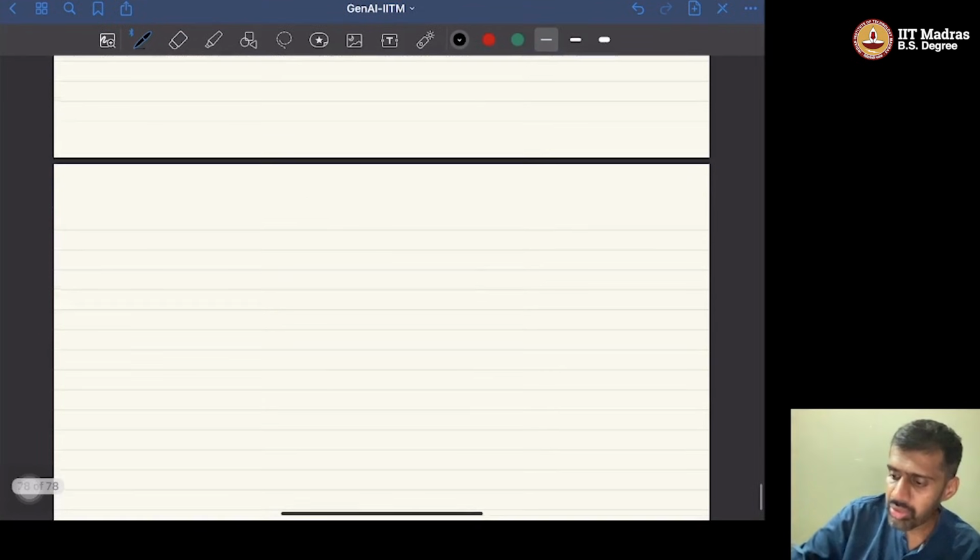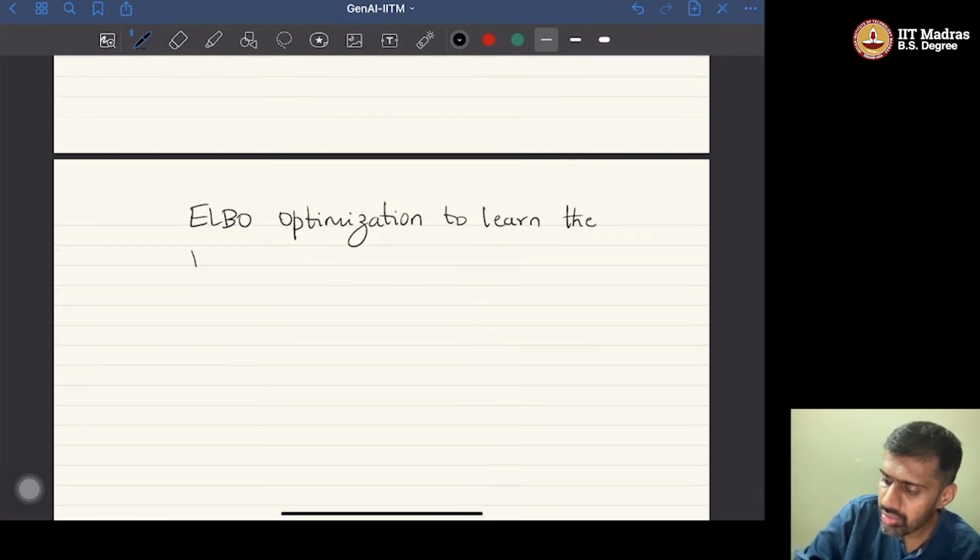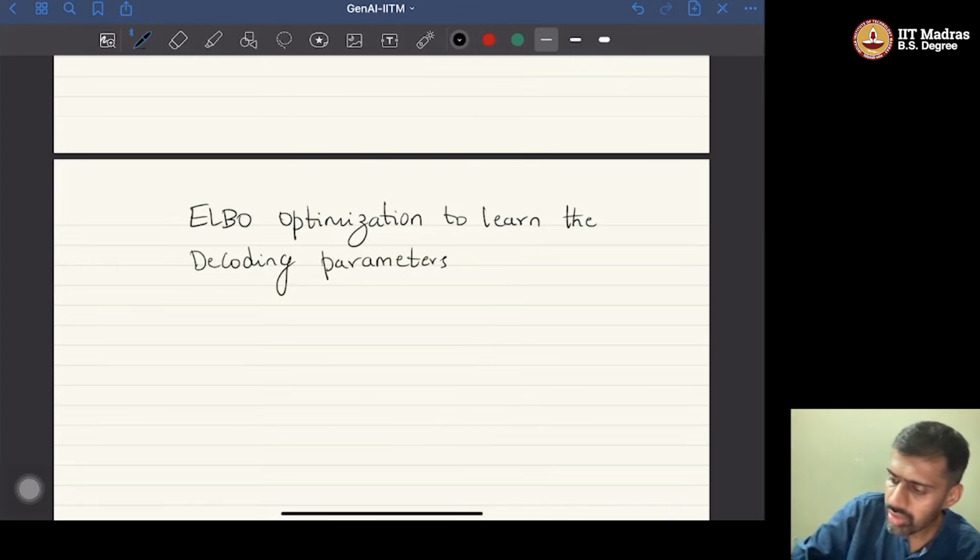So what we need to do is ELBO optimization to learn the decoding parameters in a DDPM.